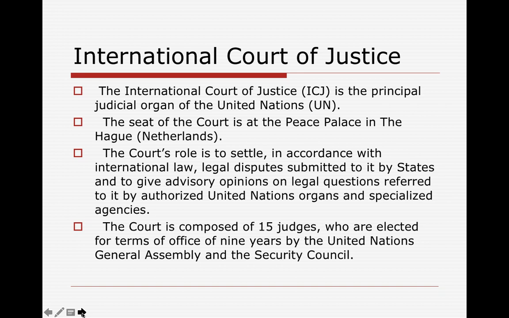Now, looking at another case, which is popularly known as the Atlantic case, and this also involves India and Pakistan, but it is the other way around.